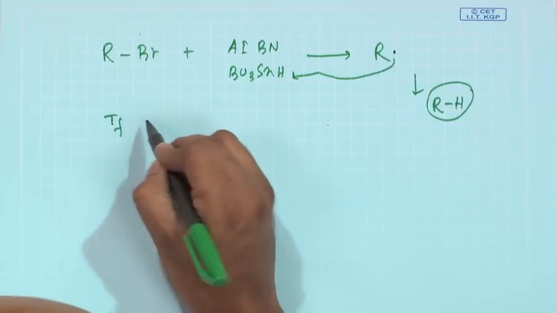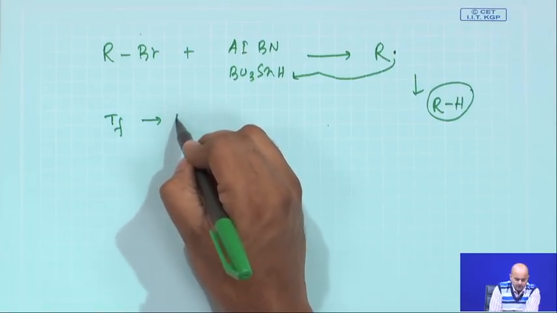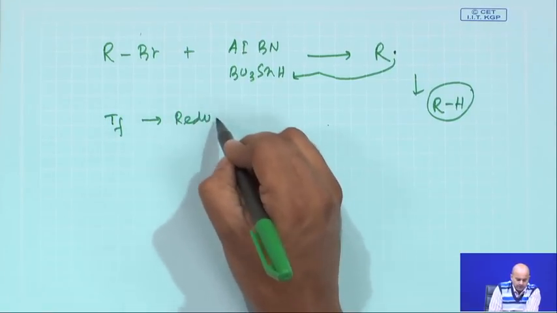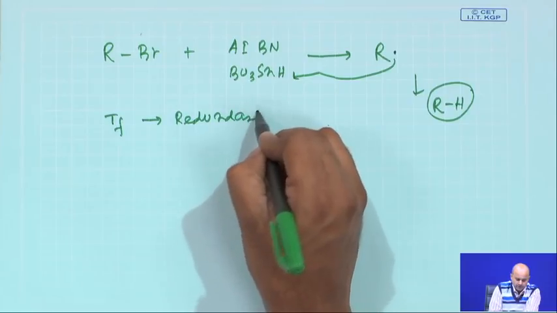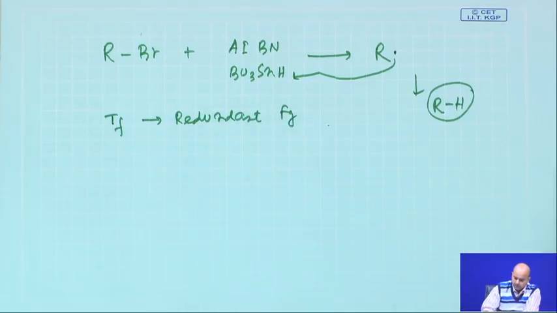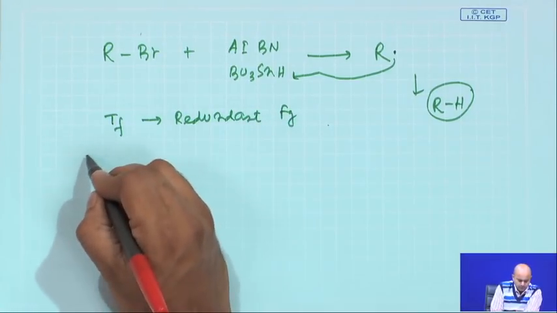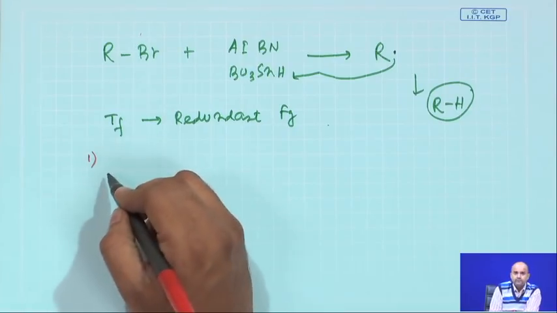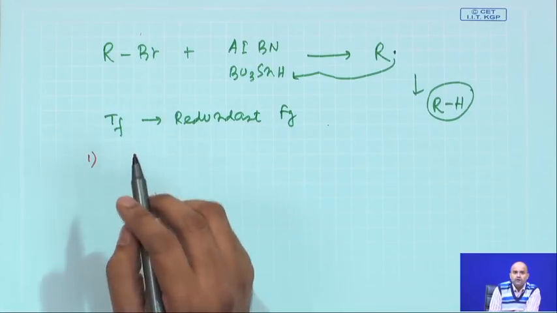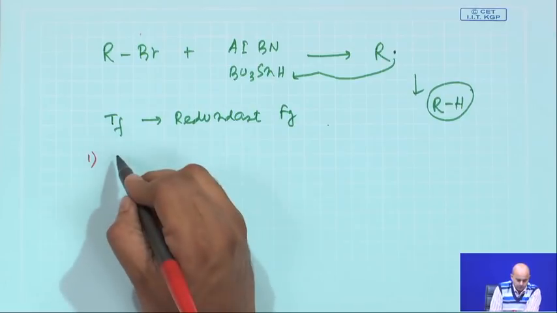So, for the redundant functionality, you can now make a summary of what transformations we normally use. You can see these transformations are basically reactions where a functional group has been removed.